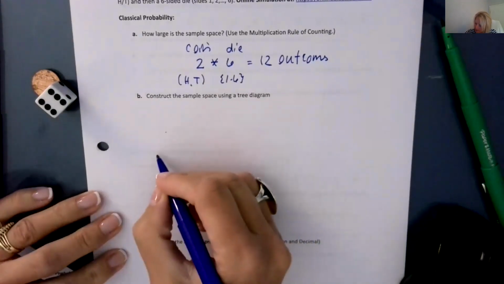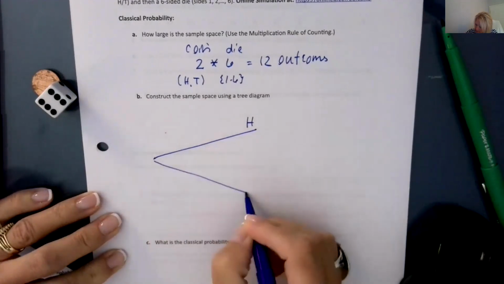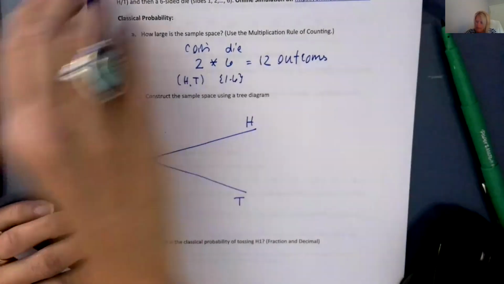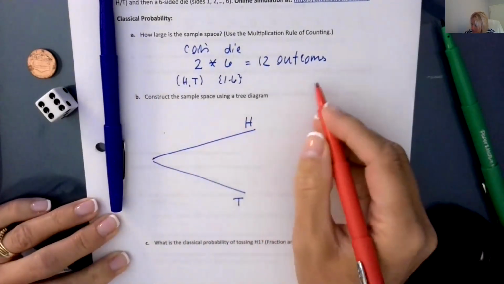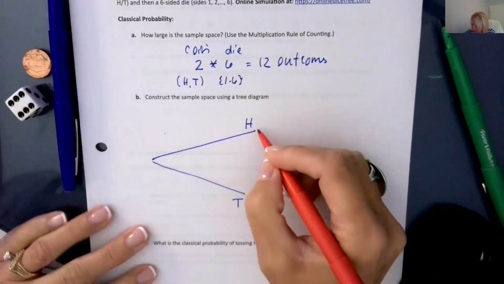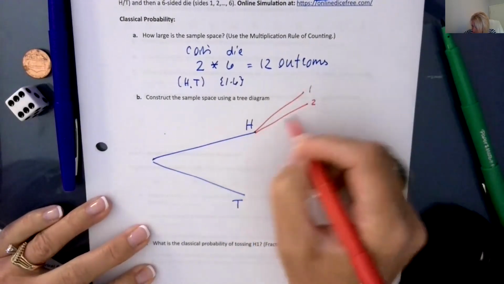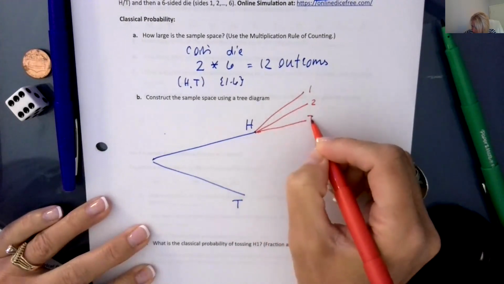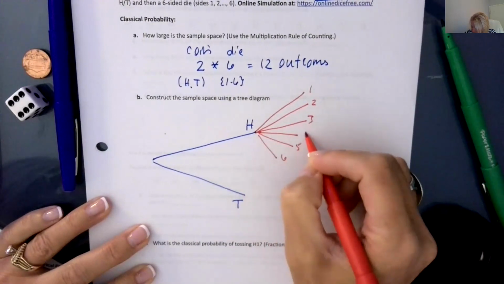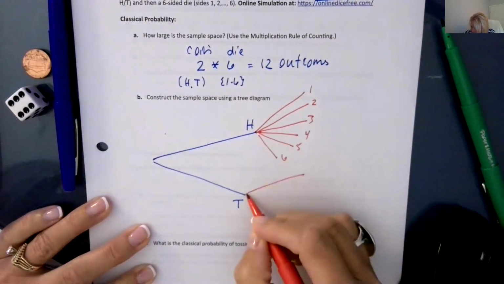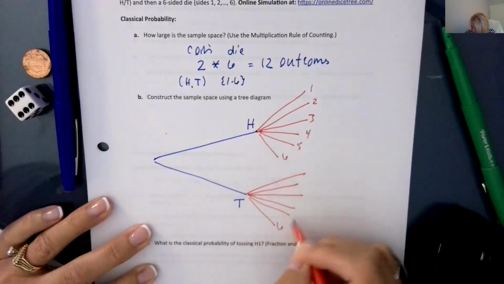So we have heads and tails. And then we're going to roll the die, and so there's 1, 2, 3, 4, 5, 6, and then we're going to have 1, 2, 3, 4, 5, 6.